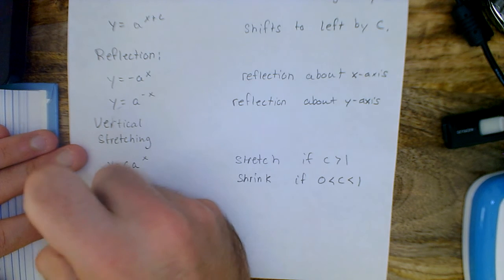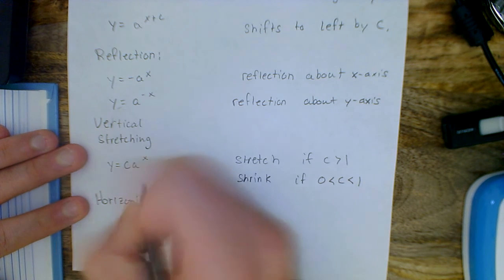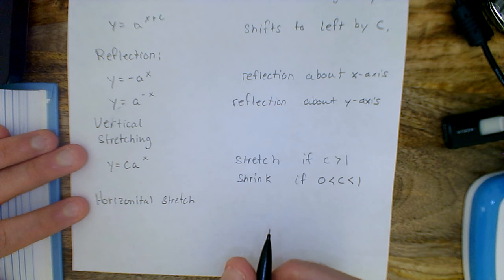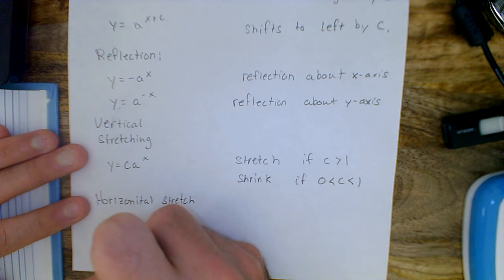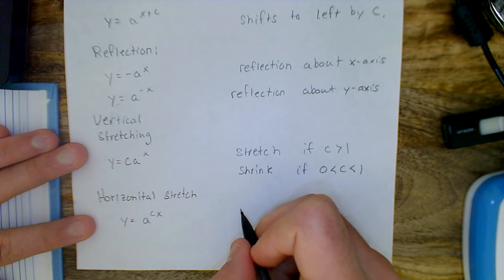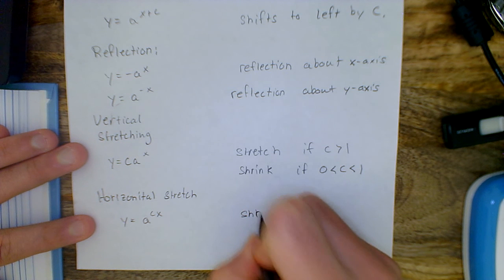Okay, and then we finally have a horizontal stretch. That's going to be y equals a to the c times x. So stretch, wait a second, it actually shrinks. It's the opposite here.